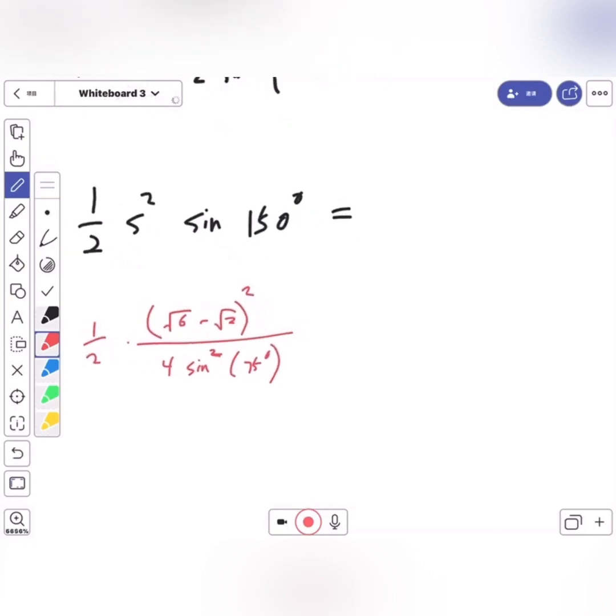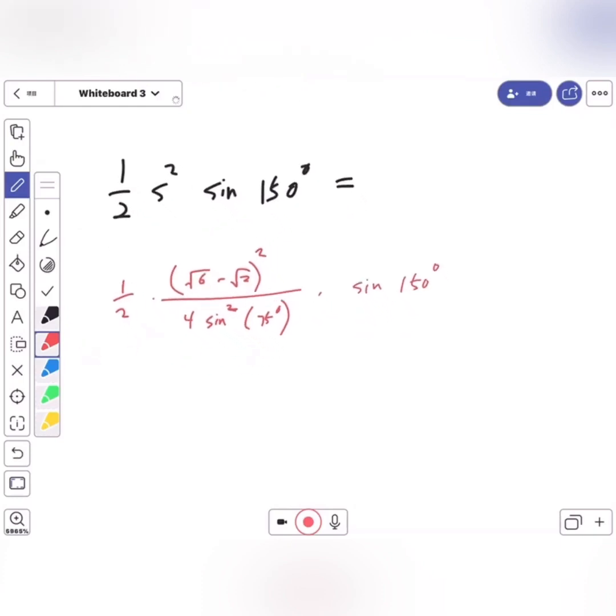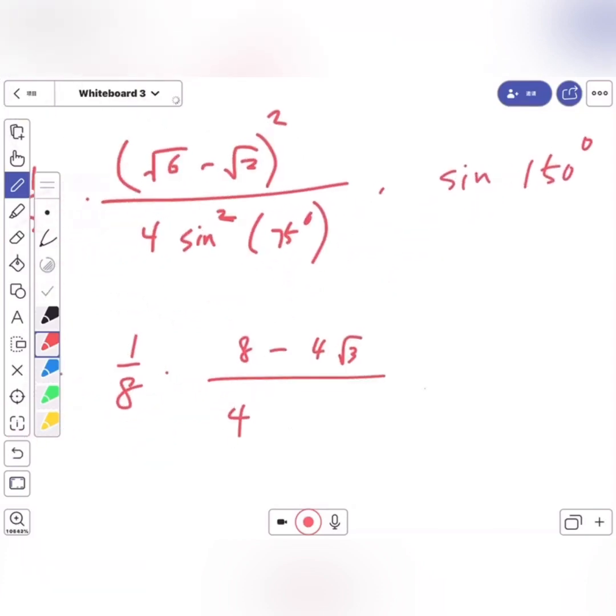Now, times sine of 150 degrees. What is that? That is equal to 1/8 times, well, top is going to be 8 minus 4 root 3 over, well, actually, we probably still have to calculate that.